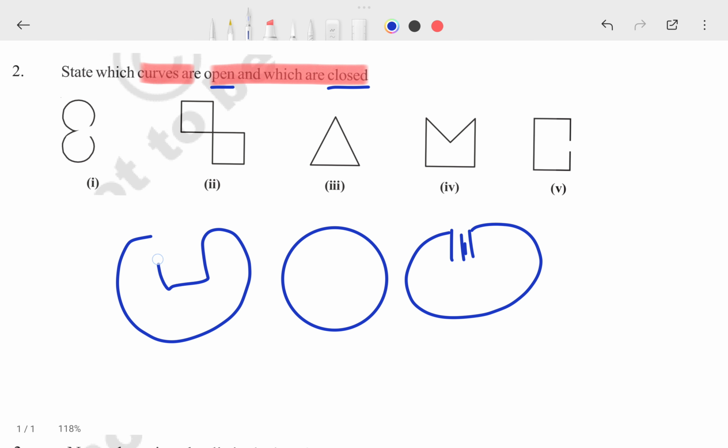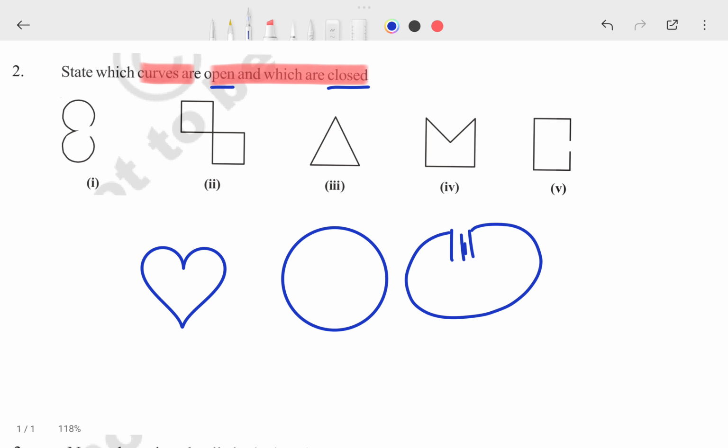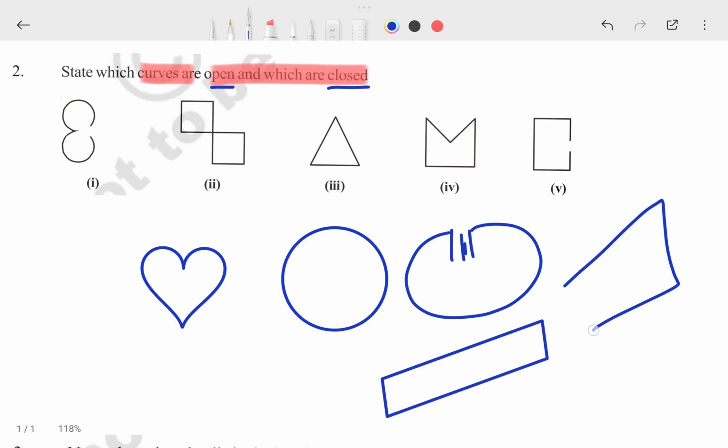Is this closed? Yes, no one can enter in this one. Here it is open. So these are closed figures, and these are not closed; these are open.